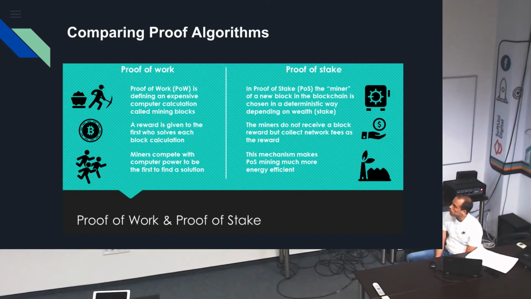Proof of stake is about getting a bunch of validators, which are the so-called miners in proof of work. Here we have validators, or the so-called forgers.